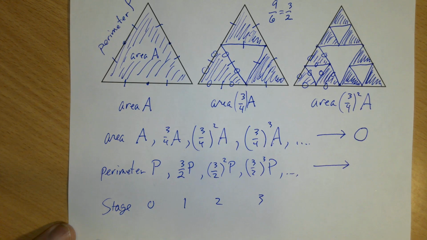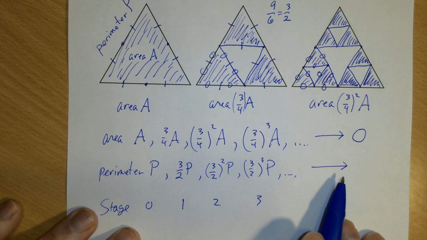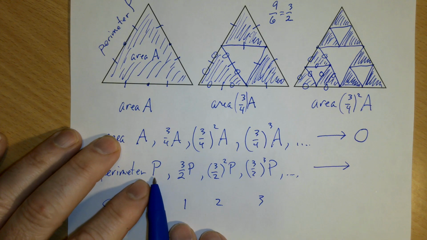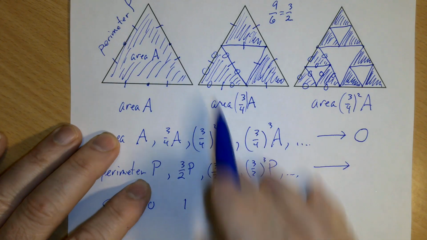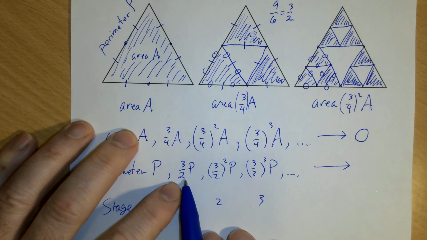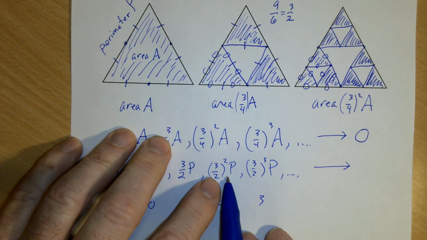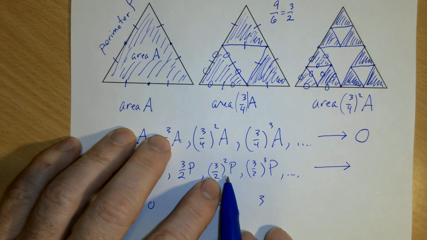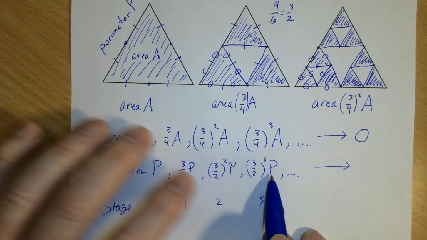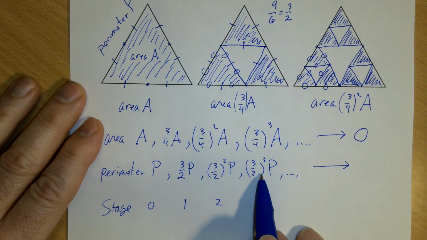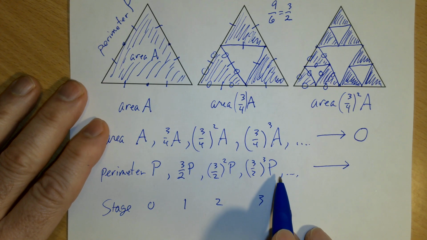And what does that converge to, or does it converge? P is a positive number, the perimeter is. And then we're multiplying it by 1.5, and then we're taking that and multiplying it by 1.5 again. That's an increasing sequence. The numbers just get bigger and bigger.